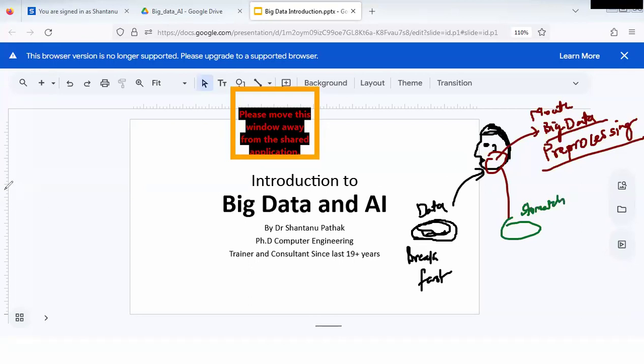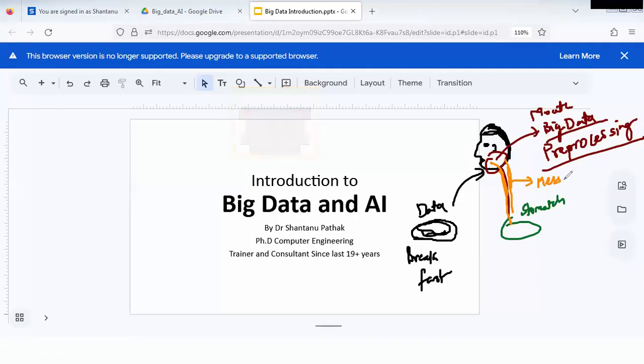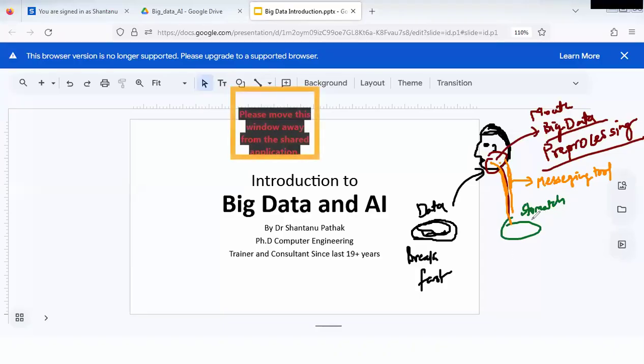So here, when it is getting passed to the stomach, you can say there is a big data tool for messaging, which is going to take the data from one place to another place. And then there is the stomach. Now in the stomach, you can say that you are doing data analysis.